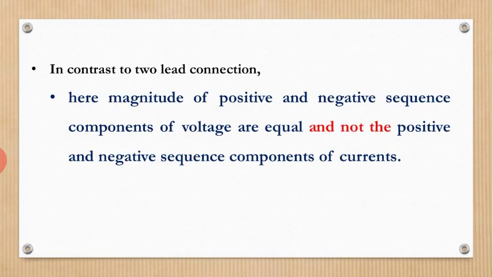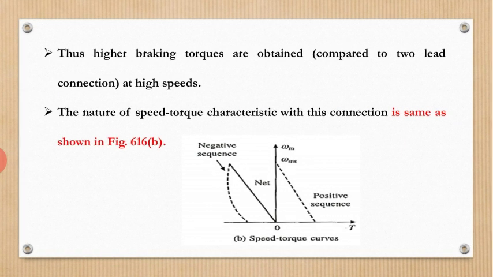In the previous 2-lead connection it was the current that was equal. Thus higher braking torque is obtained compared to the 2-lead connection. This is one point to be noted here: the higher braking torque will be obtained as compared to the 2-lead.